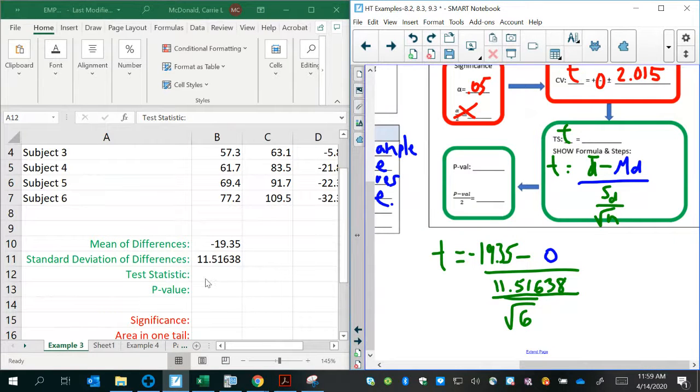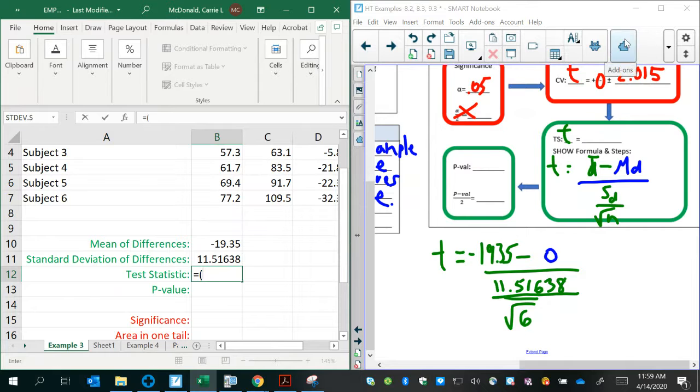All right, so now calculating that here, again, I want to make sure my numerator is contained up here. So let's put some parentheses around the top. Don't forget about that negative there. And this is all being divided.